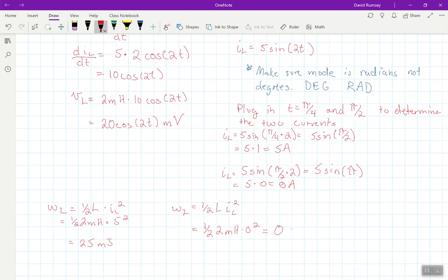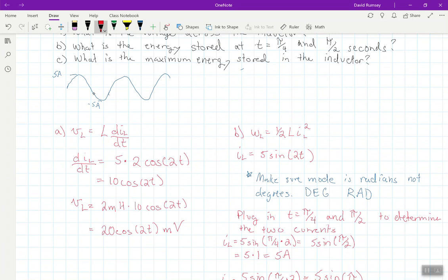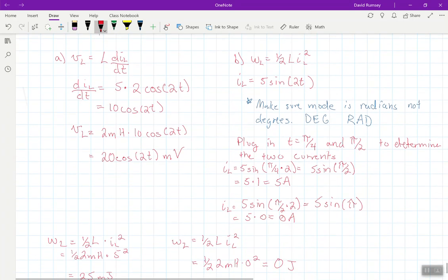But in the case at t equals pi over 2 seconds, we have 0 joules of energy stored. Now, we shouldn't be too surprised by this. The current is constantly changing. So at some instant of time, there's going to be no energy in that inductor. That makes sense.